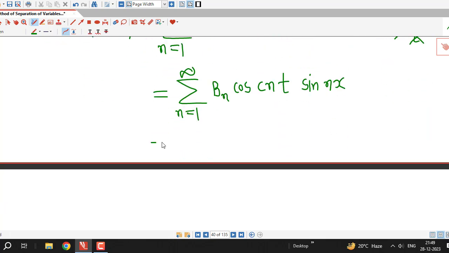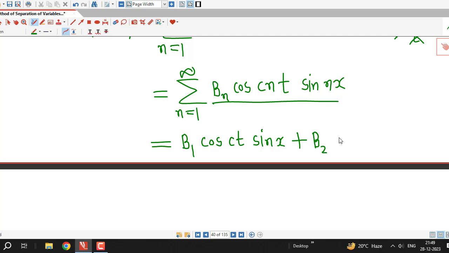But we have value of bn non-zero for n equal to 1 and 2 only. So now I am writing in this way. For n equal to 1, this becomes b1 cos ct into sin x. For n equal to 2, it is b2 cosine of 2ct into sin 2x.